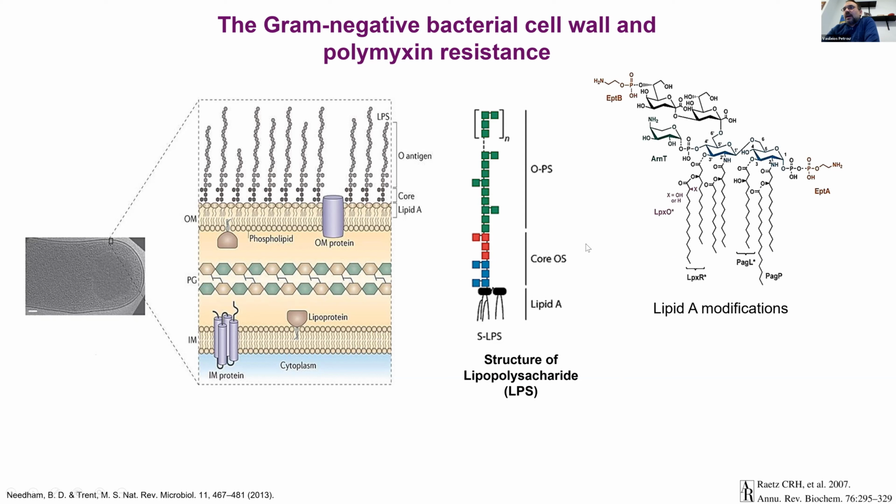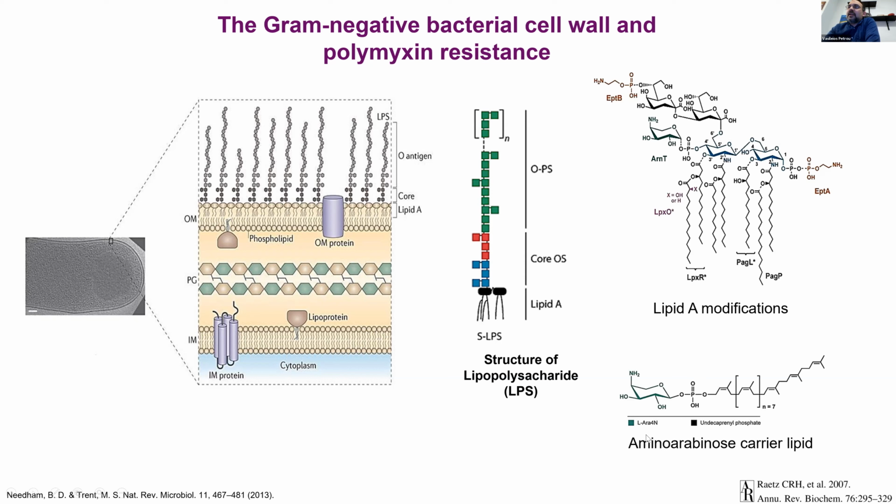But of course, bacteria have developed mechanisms to evade this action, and they do so by modifying lipid A, essentially capping the two phosphates and modifying the bacterial membrane charge, so the polymyxins, which are cationic, cannot associate with the membrane as efficiently.